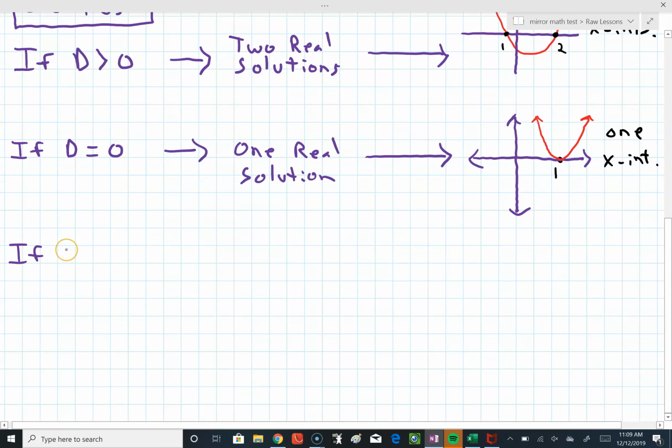x-intercept. If the discriminant is less than 0, that is, it's negative, there will be no real solutions. We will have two i solutions, two complex solutions, but they will definitely have an i component.